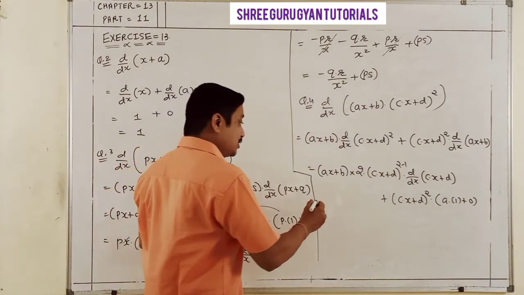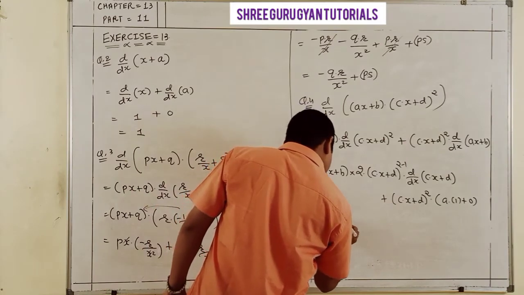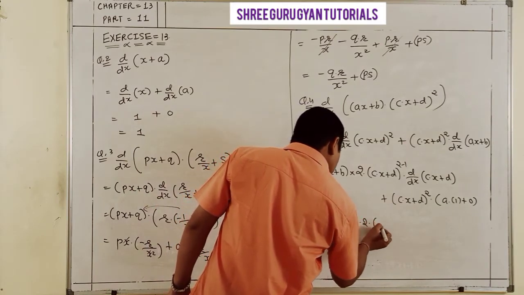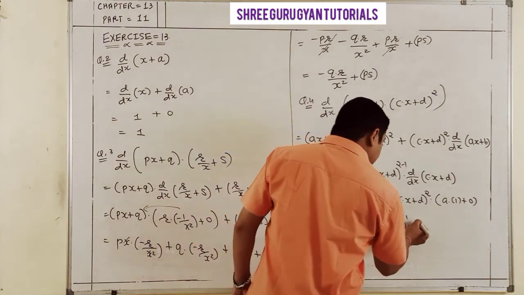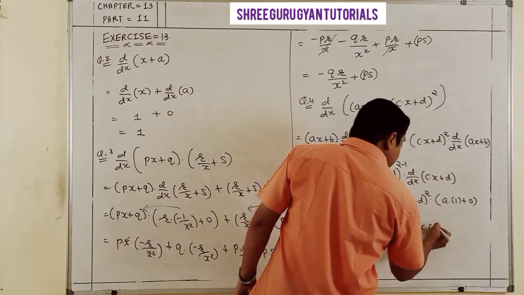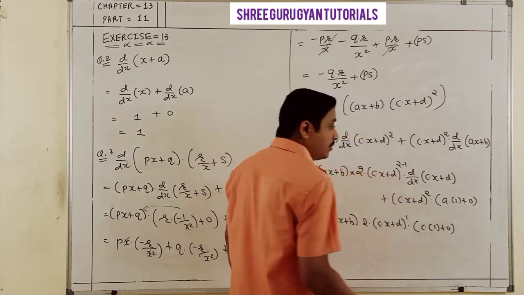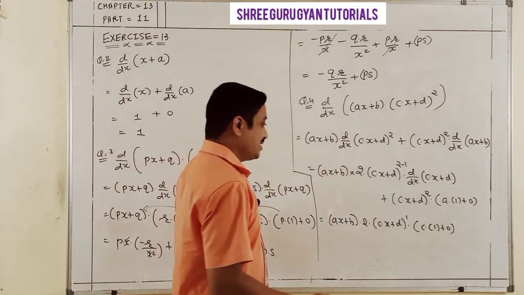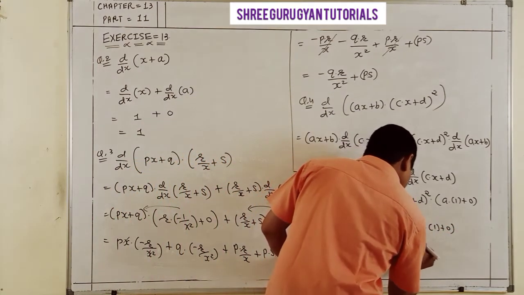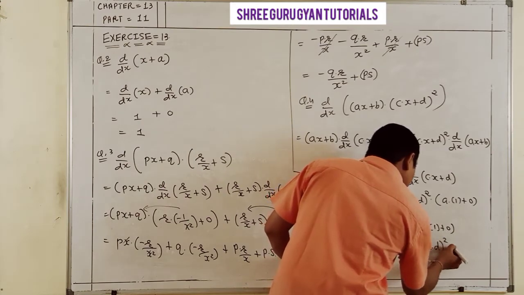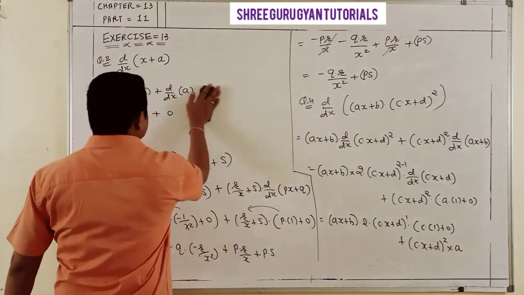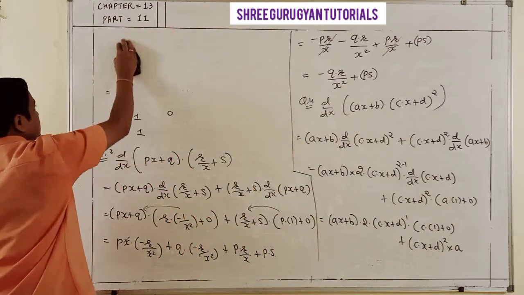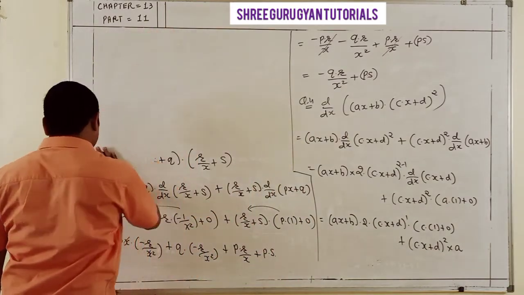Now you will convert your answer: (ax + b) into 2(cx + d) raised to 1, and here the derivative: I will show that a cx derivative is 1 but d derivative is 0, plus the same (cx + d) square into a. Now after that rearrange, and students, take maximum common overall.